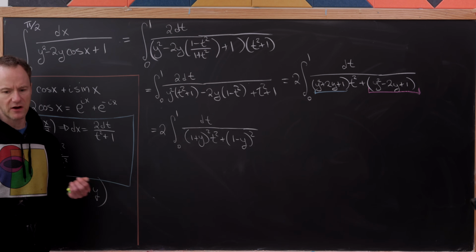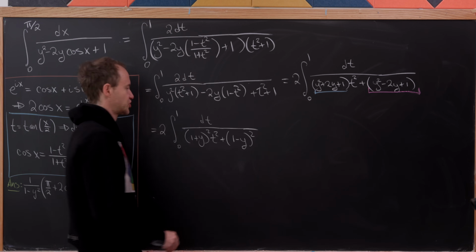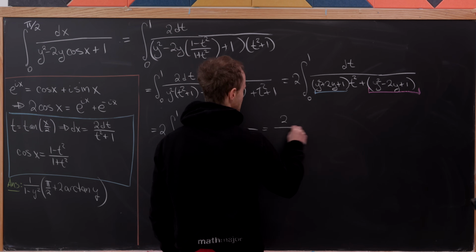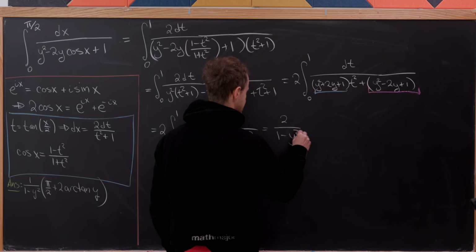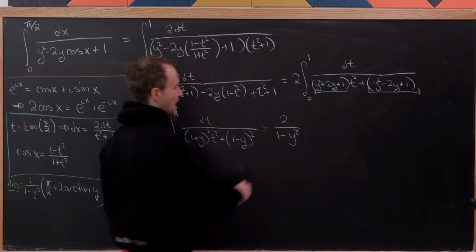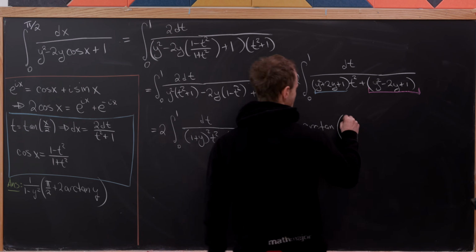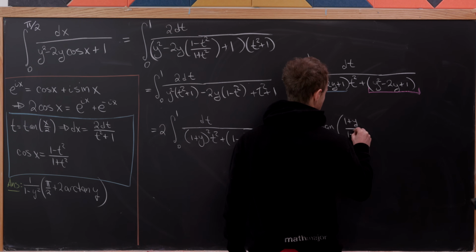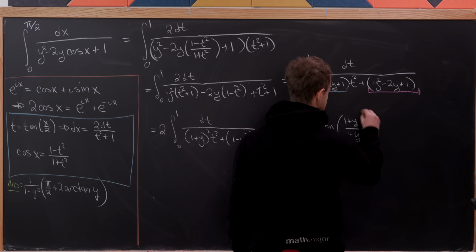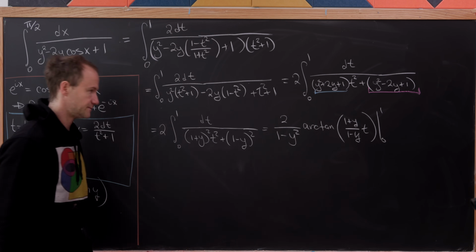But that has a fairly standard formula for its integral, so we'll just jump right to that. We have 2 over 1 minus y squared. We get that from 1 plus y times 1 minus y. And then we'll have the arctan of 1 plus y over 1 minus y times t. We need to evaluate that from 0 to 1.